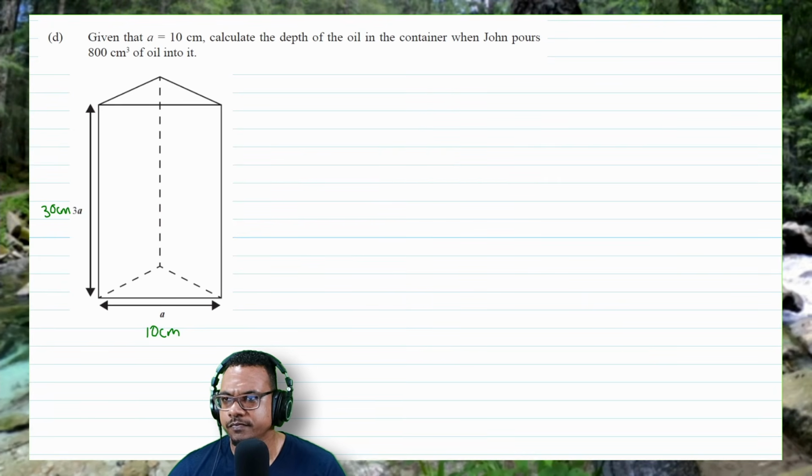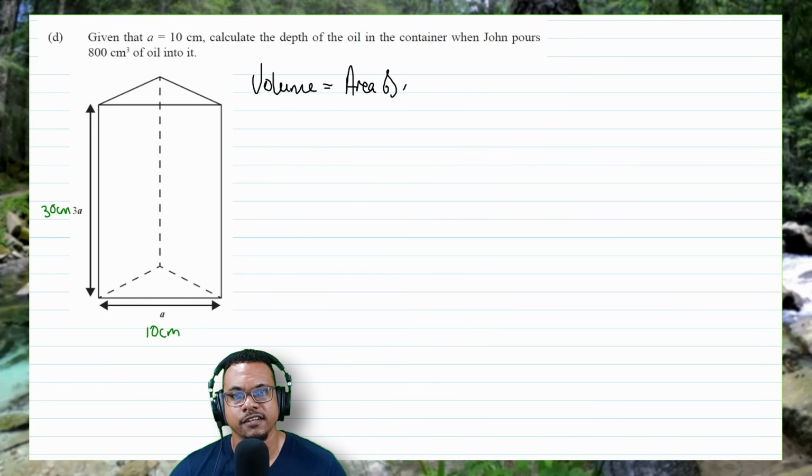So we're going to recall that the volume is equal to the area of the triangle times the height. And what we want to know is, what is the height when the volume is 800 cm cubed. So I'm going to put volume is equal to 800 cm cubed.